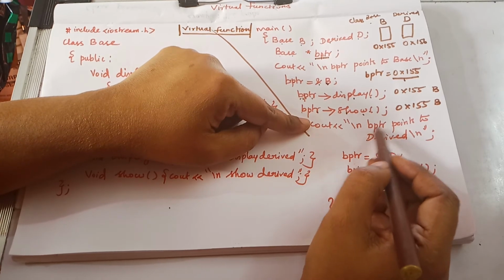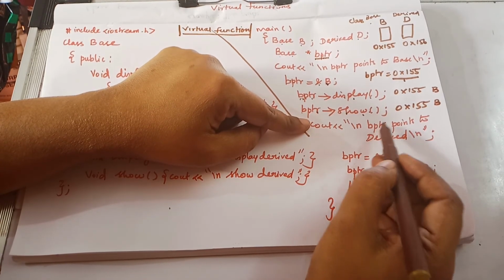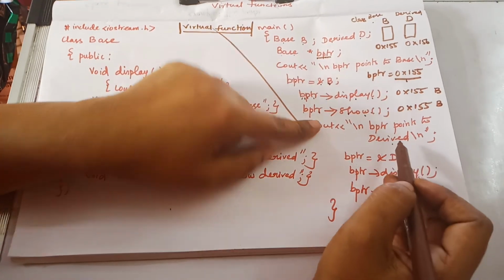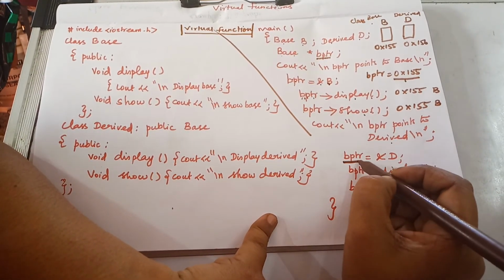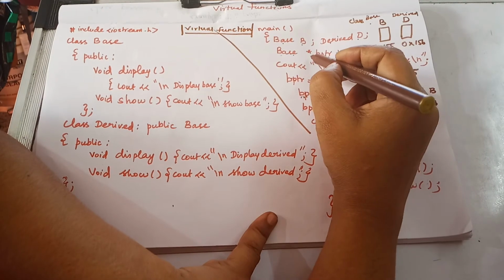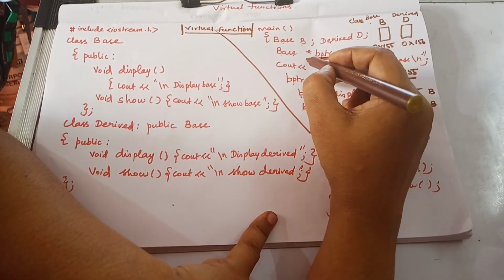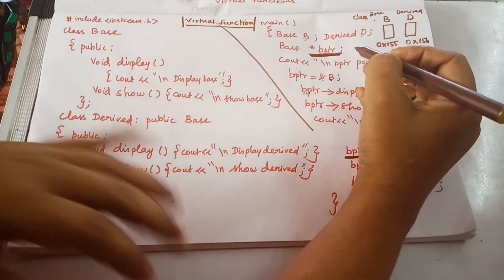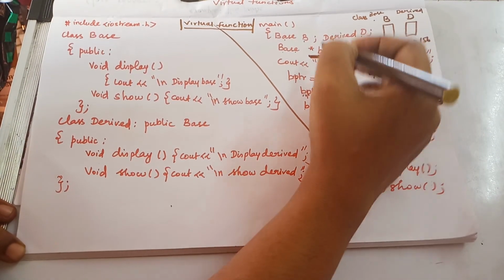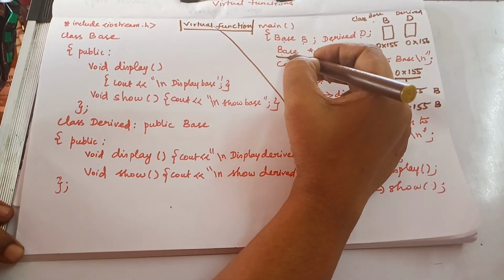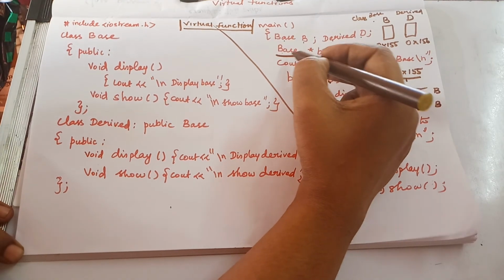Now again, the base class pointer to the derived class. The same pointer variable is used to indicate the derived class. See here, the pointer variable is the same. I am creating only one pointer variable for the objects, and I created it for the base class. I am not creating anything for the derived class.